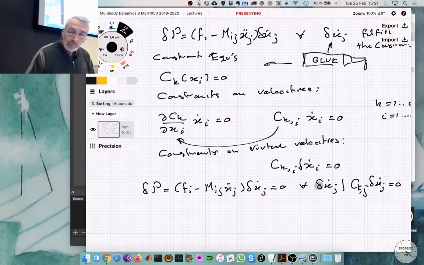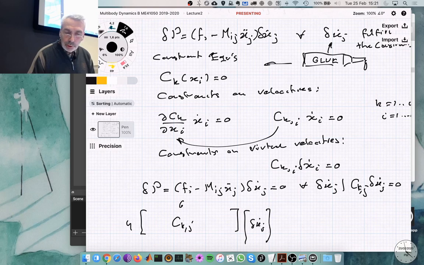So now these virtual velocities have to fulfill these constraints. If we look in detail, this c_kj is 4 by 6, and here we have these delta x dot j, which are 6 unknowns. So we have 4 equations and 6 unknowns.